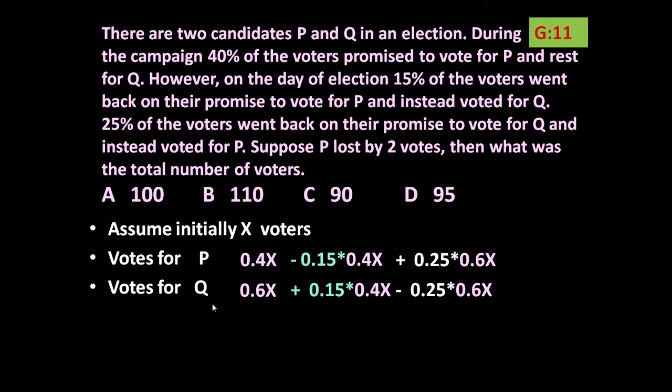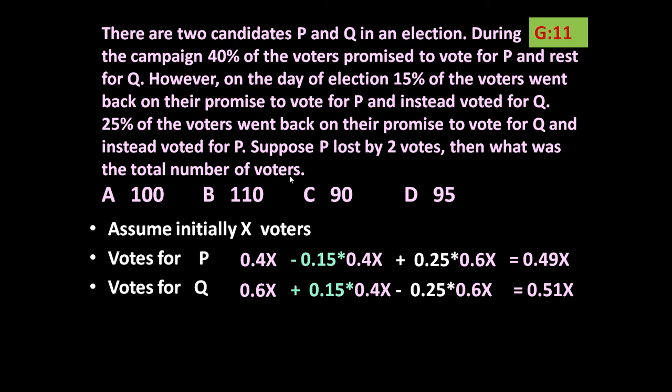It will become minus from Q because they did not vote for Q. Instead, they voted for P. So in P, it will become plus 0.25 into 0.6x. Now, if we simplify these two equations, we get 0.49x and 0.51x.